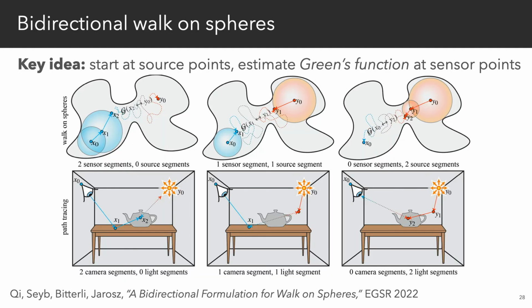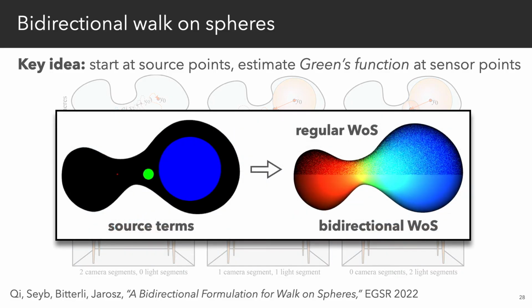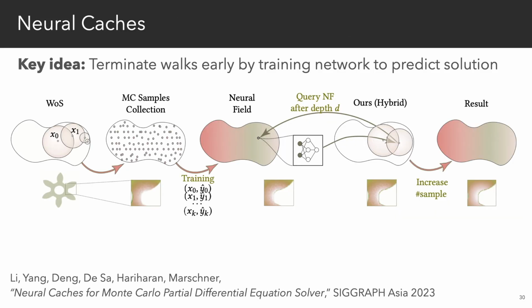Similar to bidirectional path tracing in rendering, there's also now a bidirectional algorithm for walk on spheres, where we can start walks from the boundary, which make it easier to sample localized boundary conditions and source terms. Alternative caching schemes have also been developed based on a modified mean value property, as well as on predictions from a neural network to guess the PDE solution and terminate walks early before they reach the boundary.